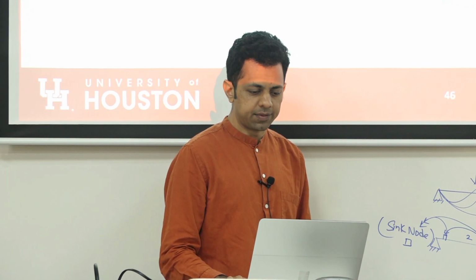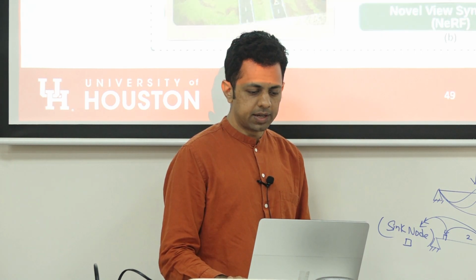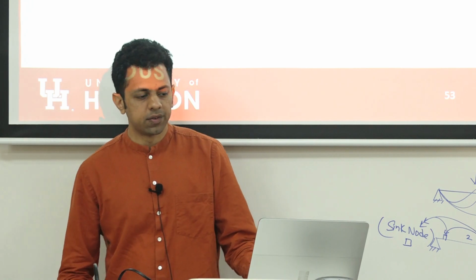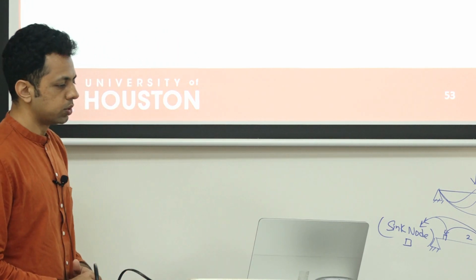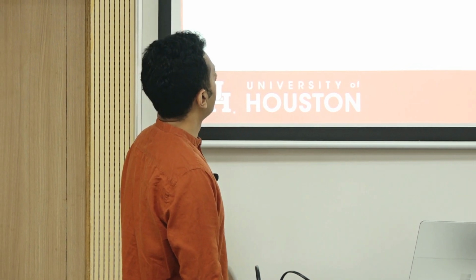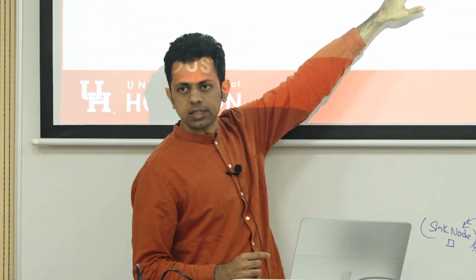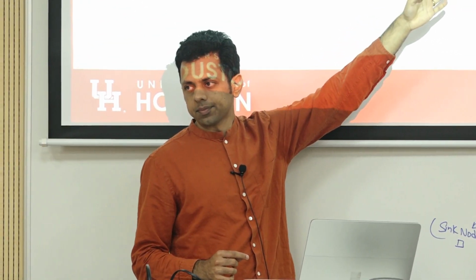I just want to see if I have slides for that, or yeah. So one way to do a novel view synthesis is through something called a NeRF. You have a bunch of input images. You can do the initial calibration and generate the sparse point cloud like we did in reality capture. And you can localize each of those images and get a point cloud.